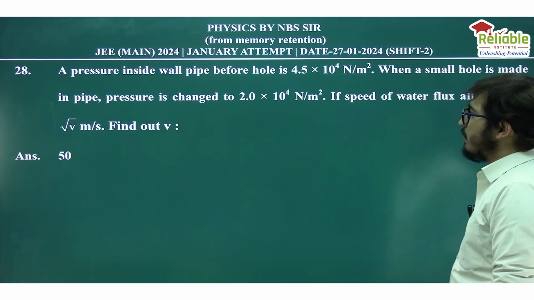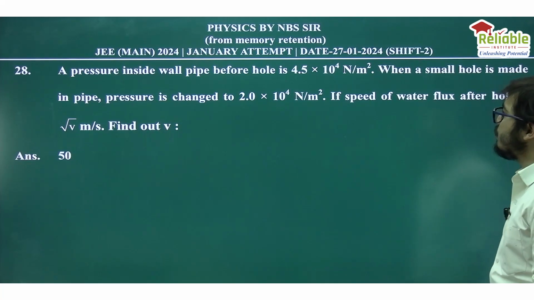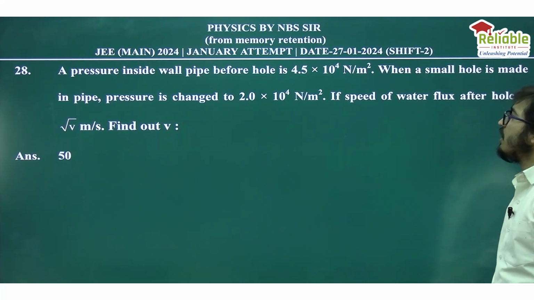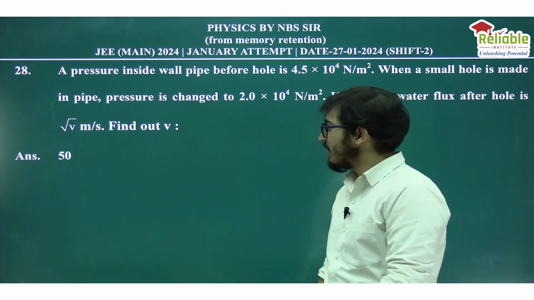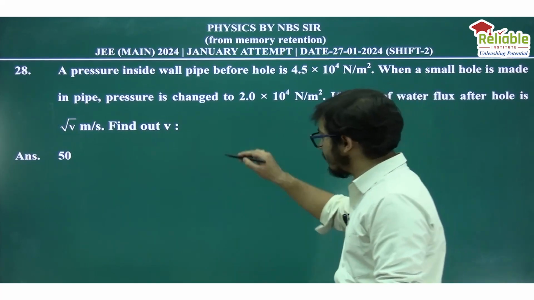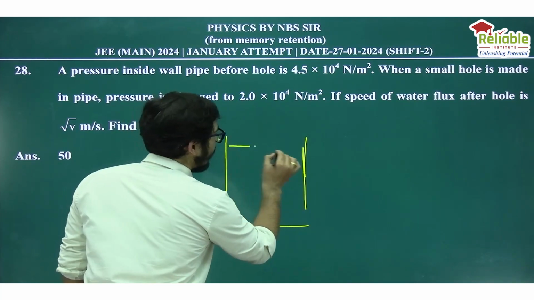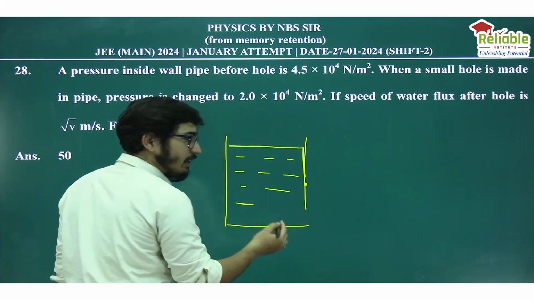The next question is, the pressure inside a water pipe before the hole is 4.5 into 10 raised to power 4 Newton per meter square. When a small hole is made in the pipe, the pressure changes. If the speed of the water efflux after the hole is root V meter per second, we have to calculate the speed of efflux. Now suppose this is our beaker filled with the liquid, and this is the point where they are making a hole.